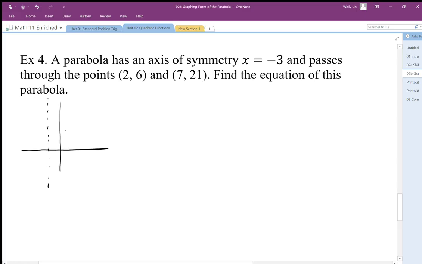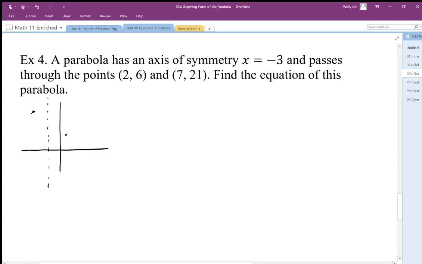And at (2, 6), up somewhere around there, and at (7, 21), maybe somewhere around, let's say right about here.